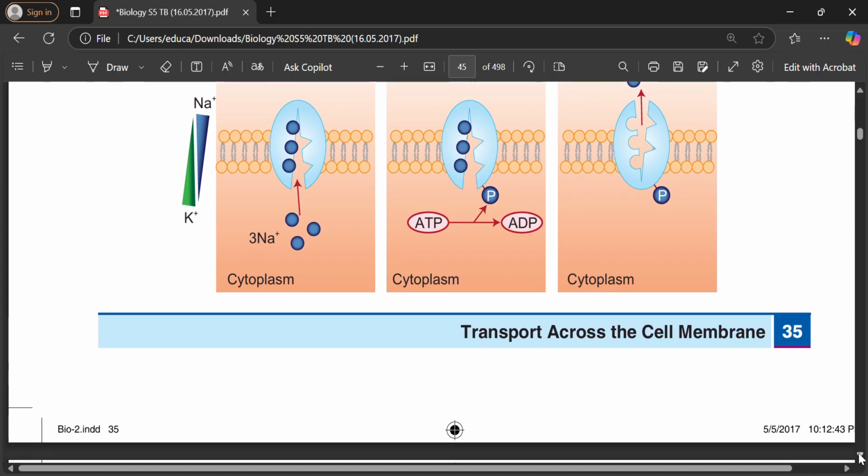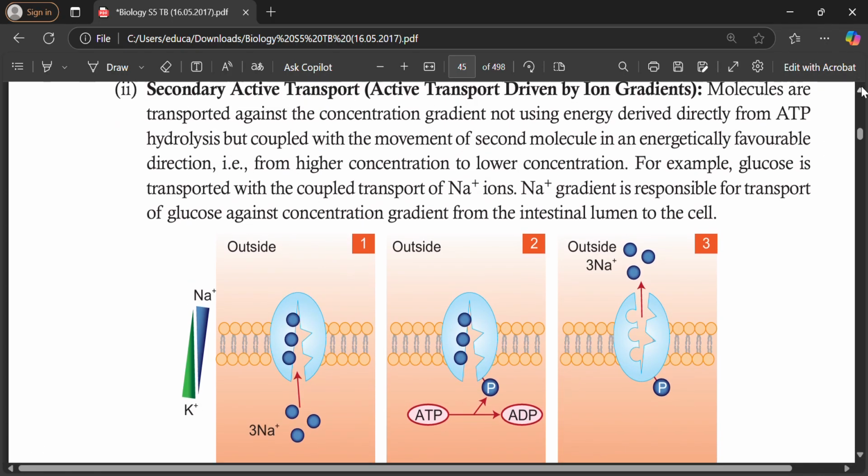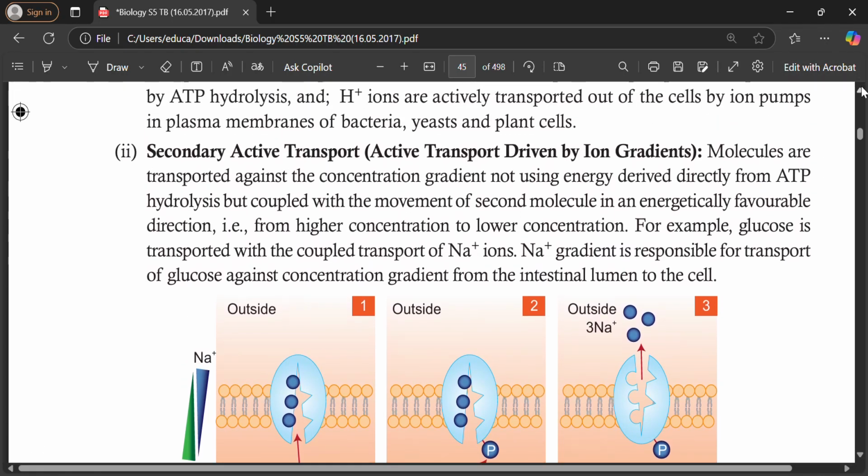No kuvuga ngo hano muri secondary active transport ntabwo dukora hydrolysis ya ATP ako kanya, ahubwo the movement of one substance itera movement y'iyindi, like when substance runaka imuvinze bituma n'indi substance nayo imuvinga muri opposite direction. Icyo gihe rero tukavuga yuko the movement of one substance is forcing the movement of another.